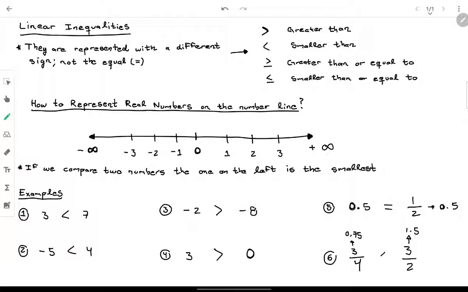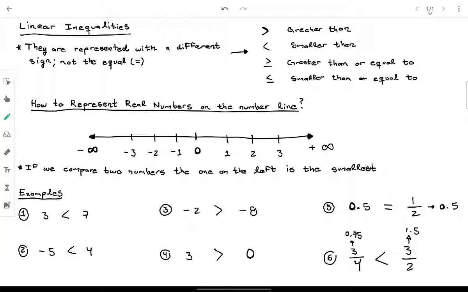So 3/4 is smaller than 3/2. It's basically a simple kind of exercise, but it's super important. That's why today's exercises are only about knowing how to represent real numbers on the number line and how to know if a number is smaller or greater than another one.